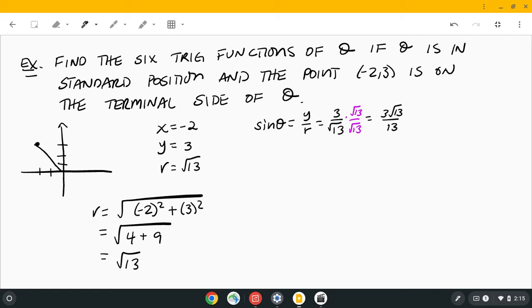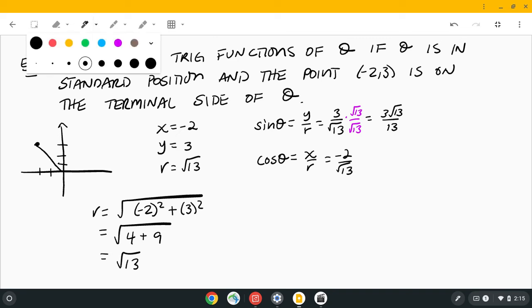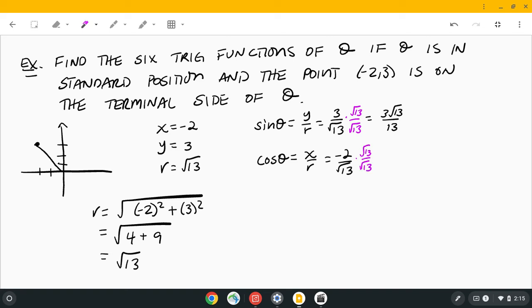Okay. Cosine theta is x over r. X is -2. R is square root 13. And same thing here. If you rationalize the denominator here, you can multiply by square root 13 over square root 13. Okay?